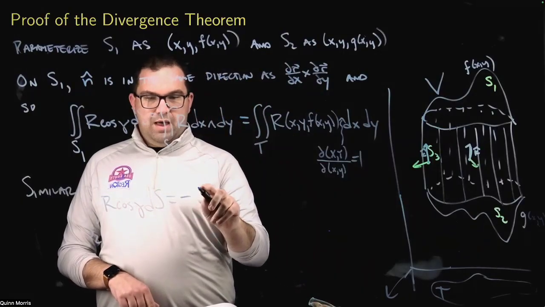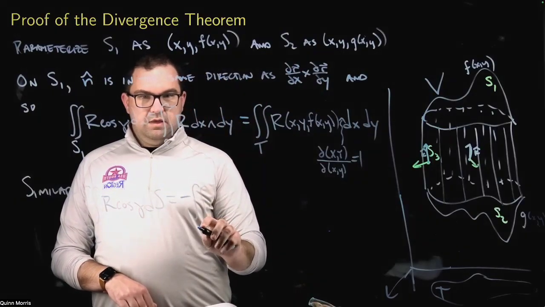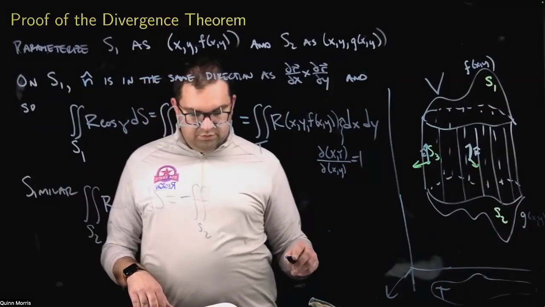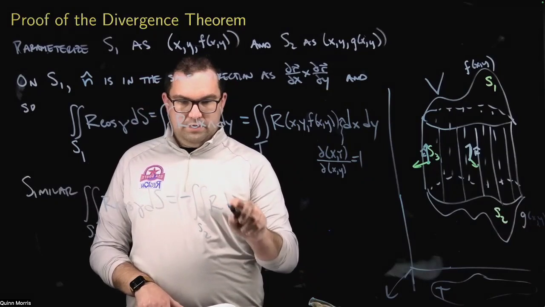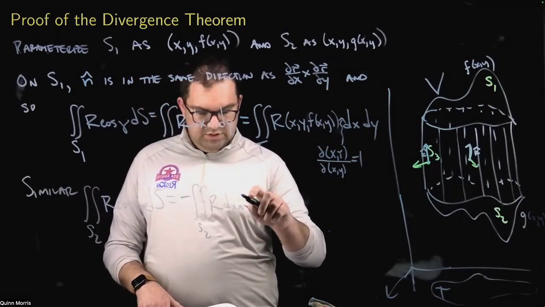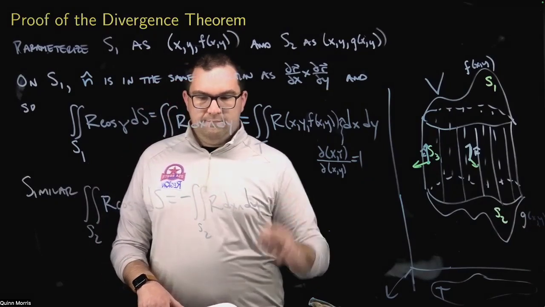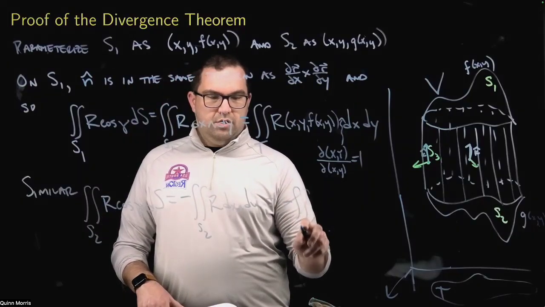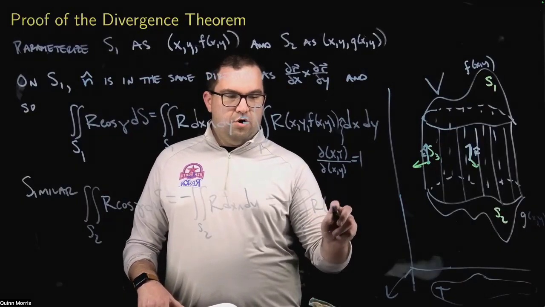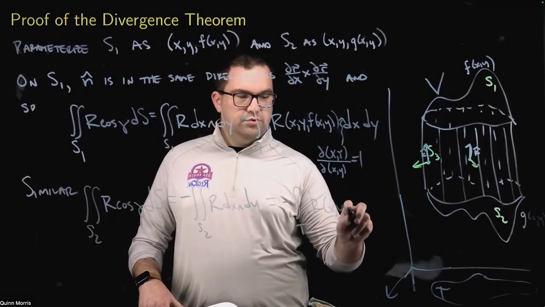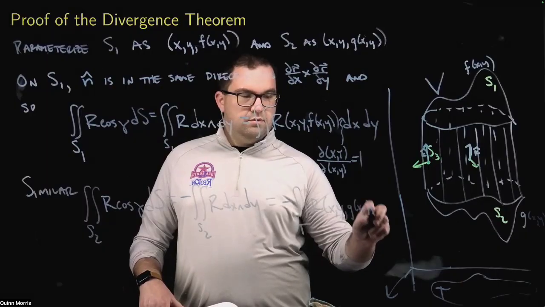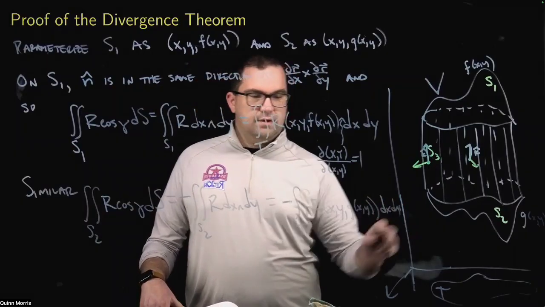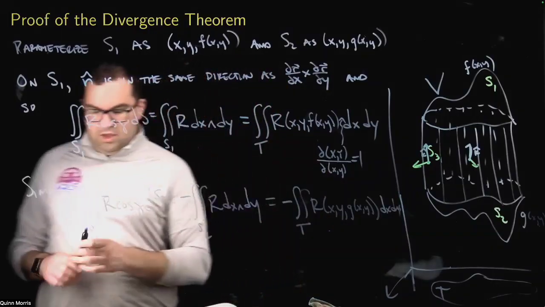So we're going to pick up a minus the surface integral over S2 of R dx wedge dy. But this is just going to be minus the double integral over T of R evaluated on the surface, x, y, g of xy.